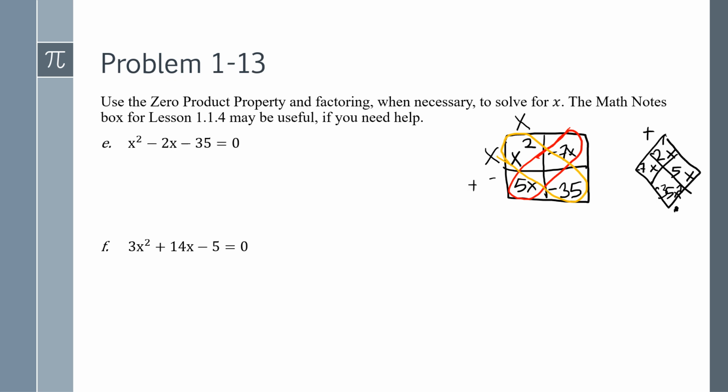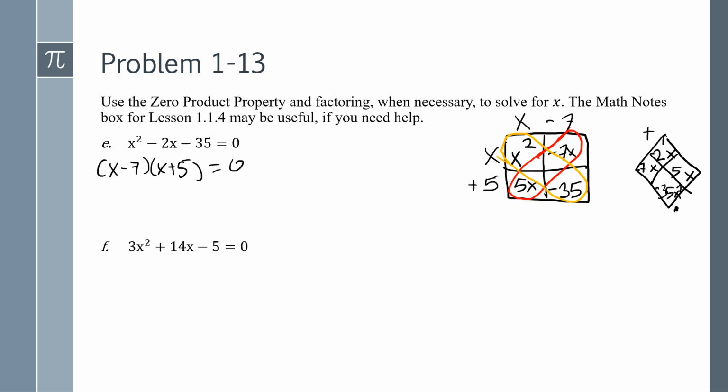Well, that's a positive 5. Now, if this right here is really x, x times what gives you negative 7x? Well, that would be a negative 7. And so when you take the terms on the edges of the box and you multiply them, that should give you the original expression. So that's how I factor it.